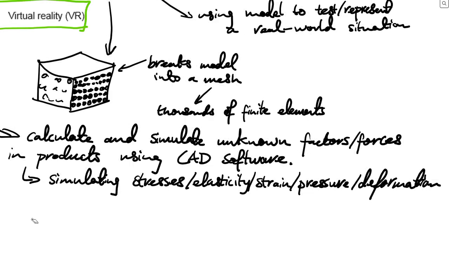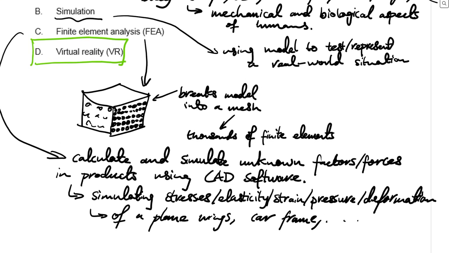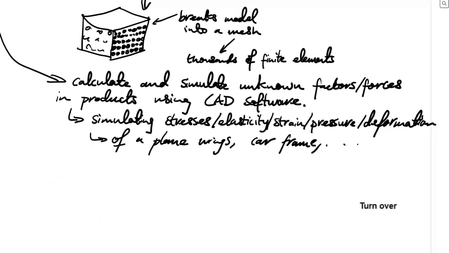And you can say of a plane, wings, car, frame, right? So all these different things, and this is how you apply it in a paper two question.